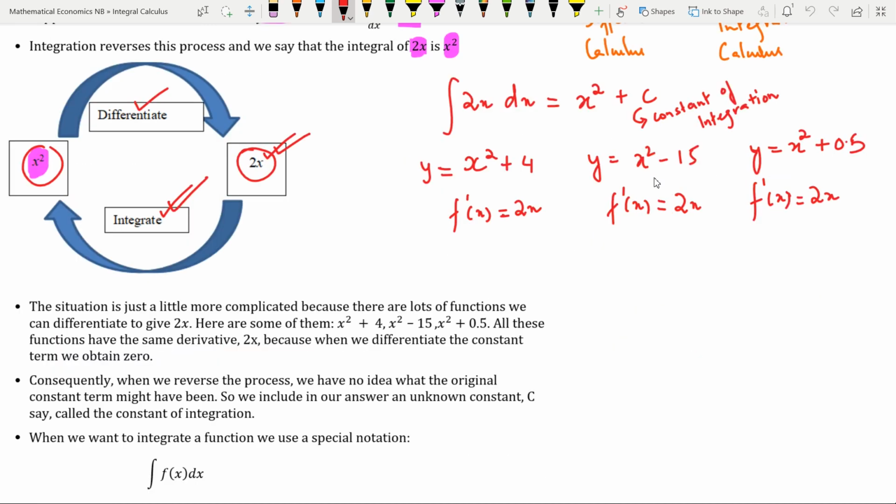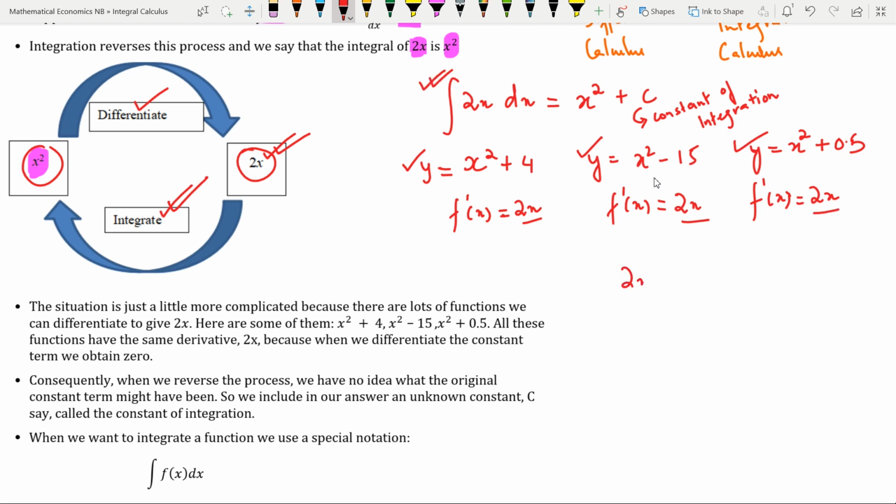So we can observe that in all the three functions here, that is y equals x square plus 4, y equals x square minus 5, and y equals x square plus 0.5, on finding the derivative, we see that we are getting the derived function as 2x.